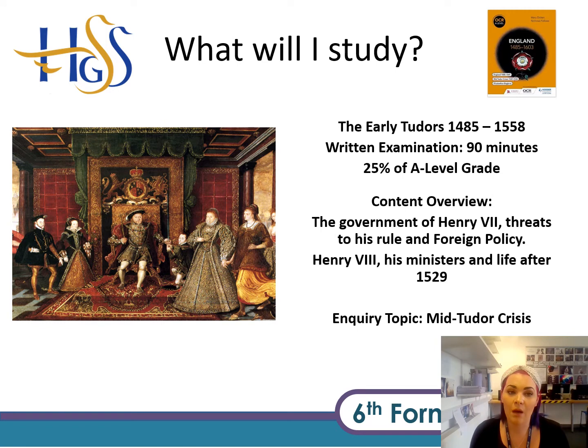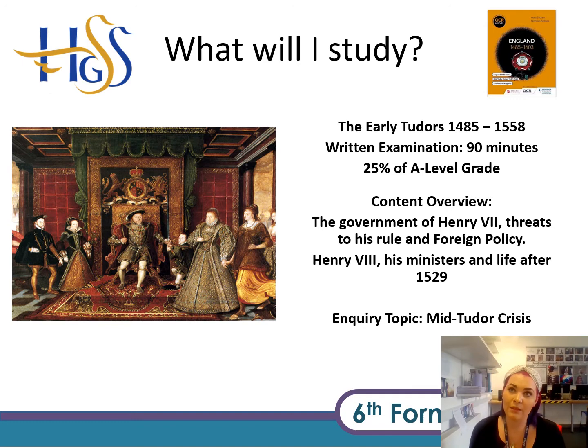So we start with Henry VII, who is perhaps an underappreciated monarch, especially when looking at the Tudor dynasty, but we consider how he managed to come from being a nobody to being King of England, the moves he made politically, the alliances he made in order to secure himself.